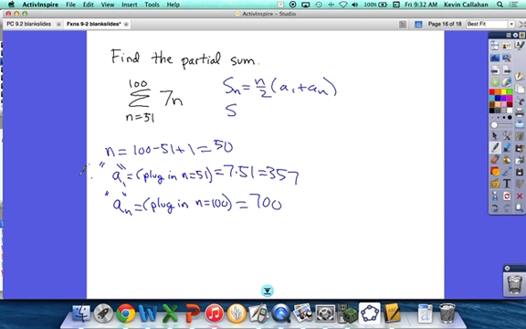We're using 50 because that's how many terms there are. 357 plus 700, which is 25 times 1,057. 26,425.